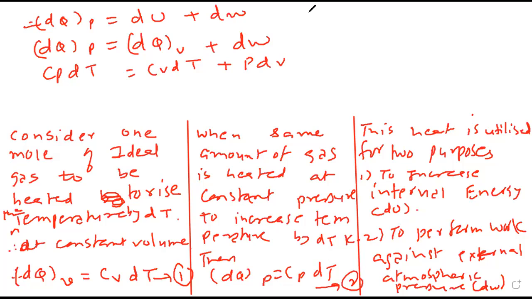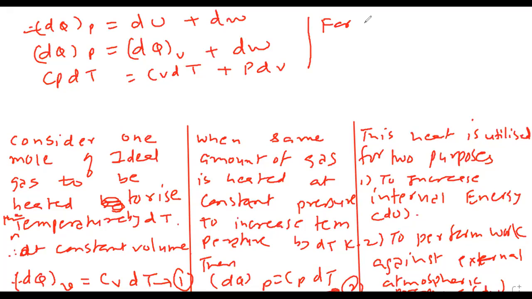Just now explain how it will be PdV. For 1 mole of ideal gas, can I say PdV will become RdT, because n is 1? Yes, sir. PV is RT, so PdV is RdT.